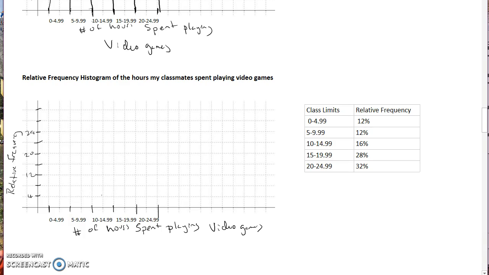So the first one is 12%, so we're going to build this up to 12% and down. Next one's the same. The next one is 16%. 28%. And then the last one's going to be 32%.